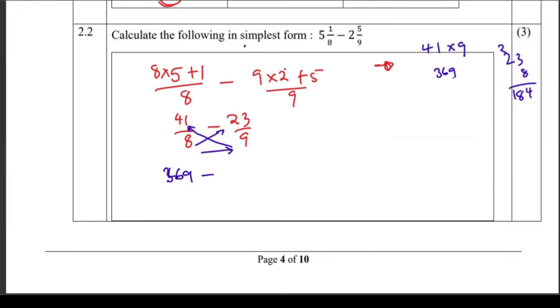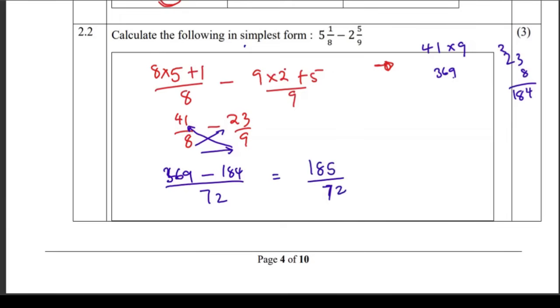Okay, so if that is correct, we're going to subtract 184 over 8 times 9 is 72. We simplify this, 369, take away 184. We end up with 185 over 72.